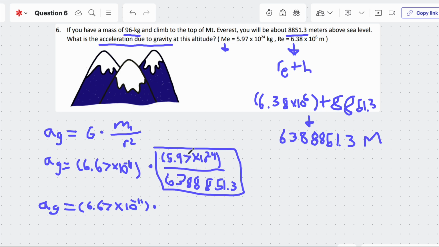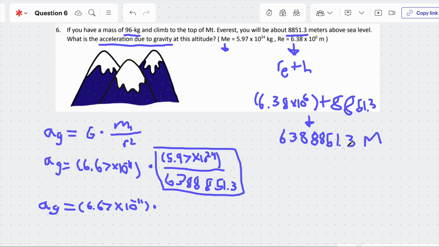So we get 5.97 times 10 to the 24th divided by our radius. Okay, that will give us a long string of decimals. Yours might show up a little bit different. There's two forms this might show up in.